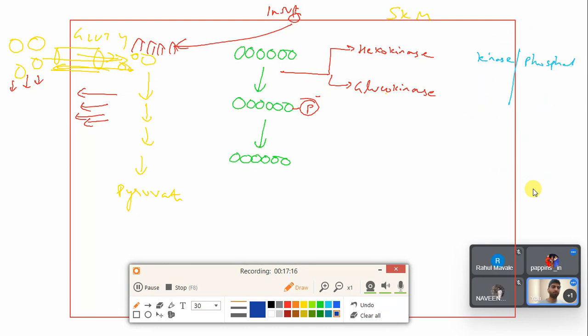This is done. Now we were focusing on hexokinase and glucokinase. It adds phosphate here, so addition of phosphate, right? Now, are hexokinase and glucokinase the same? First question, are they synonyms, are they the same, or are they different?